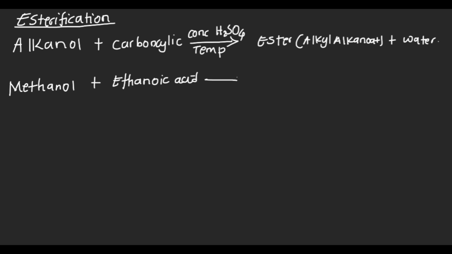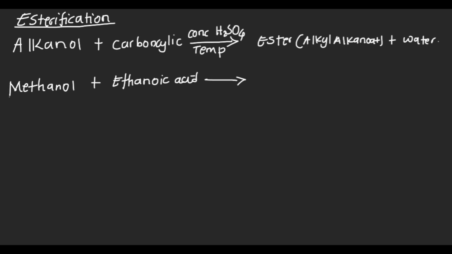So now the first part that we look at is how do we name the ester that can be produced from the two given reactants. So in our case, we want to know the name of this ester that can be formed from methanol and ethanoic acid. So the first part that you need to begin with when naming an ester, first you start with the prefix from the alcohol part.